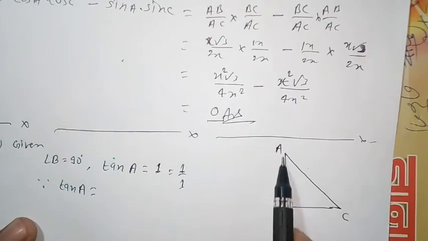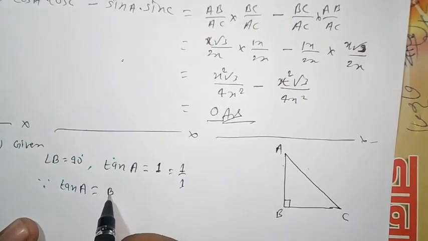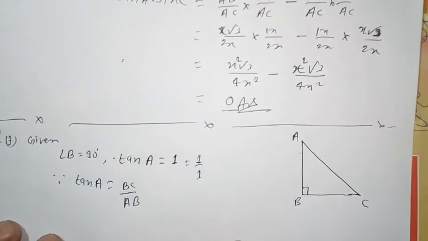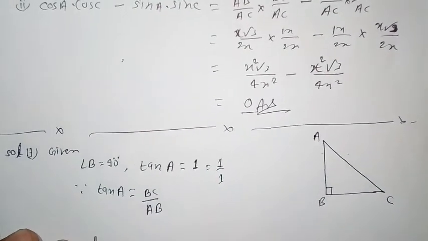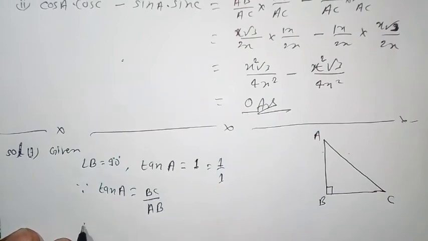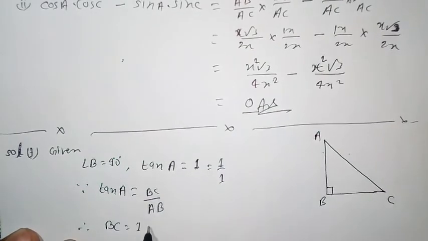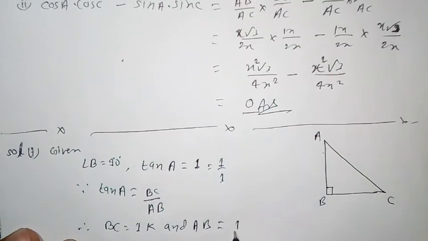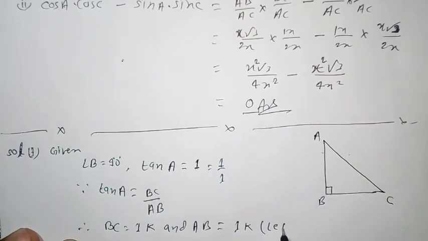For angle A, perpendicular is equal to BC and base is equal to AB. Therefore, let BC be equal to 1K and AB also equal to 1K.